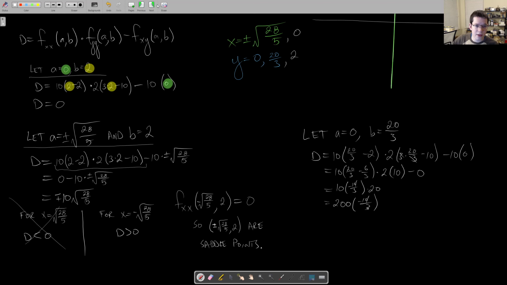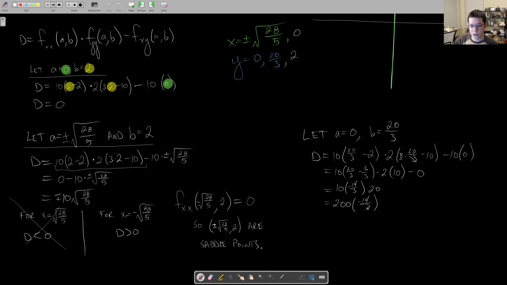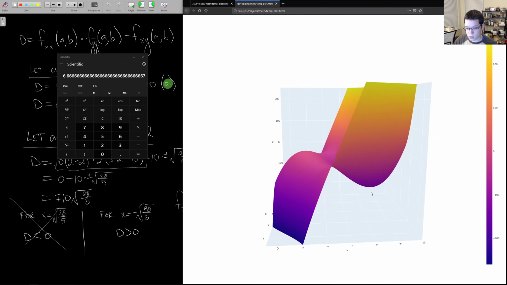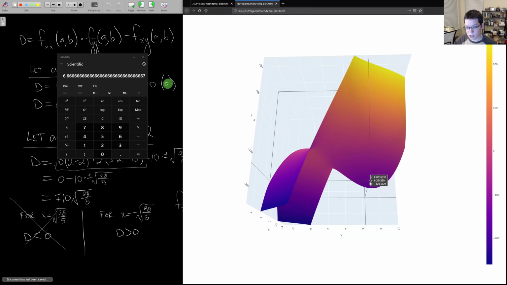And if I did my math right, that should mean it's neither a min or a max. 20/3, 6-ish. And if we go back to the graph, we see that it's a min, so I've done something wrong somewhere.